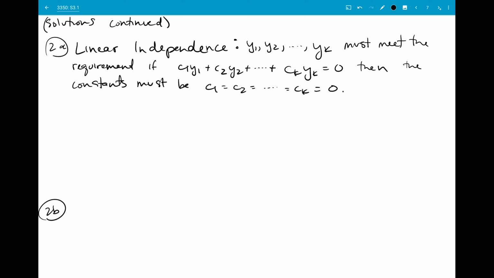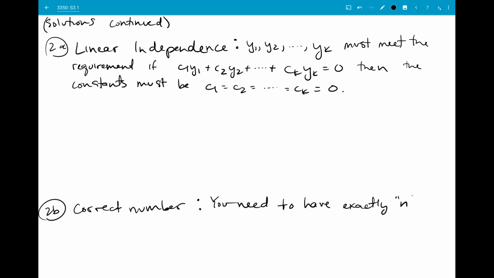But the second special property is that you just have to have the correct number of these functions. So you need to have exactly n functions y to form a general solution.